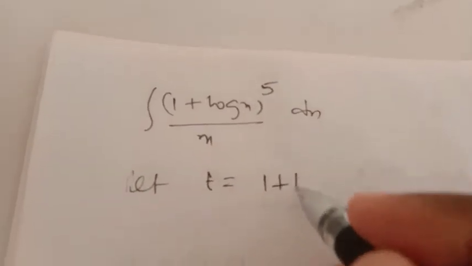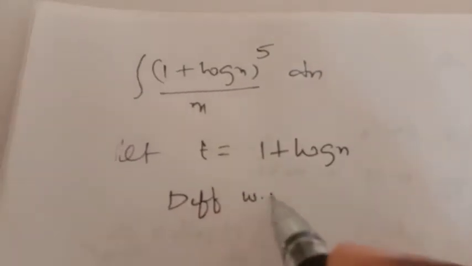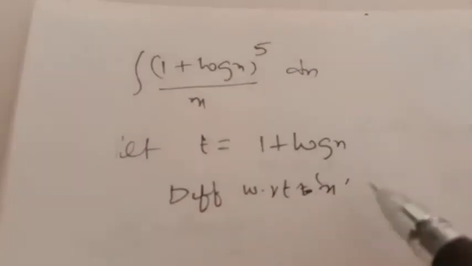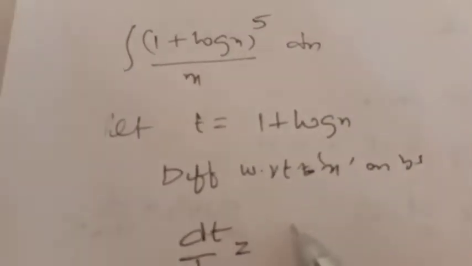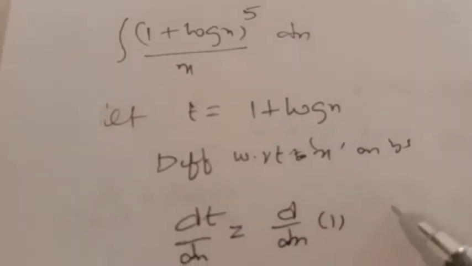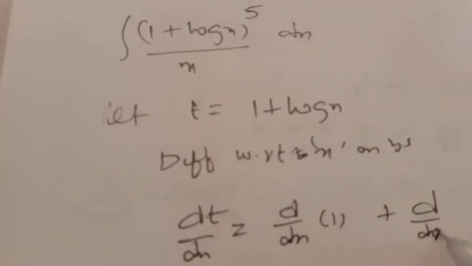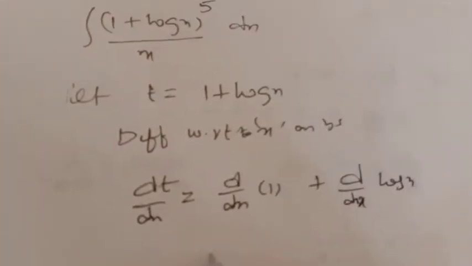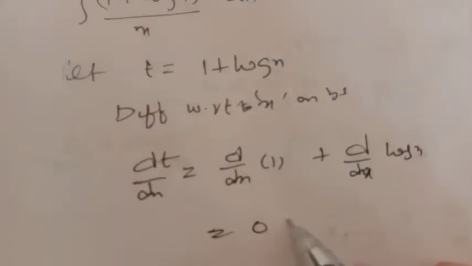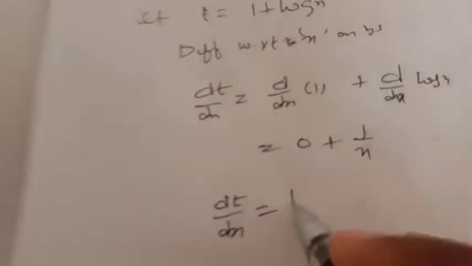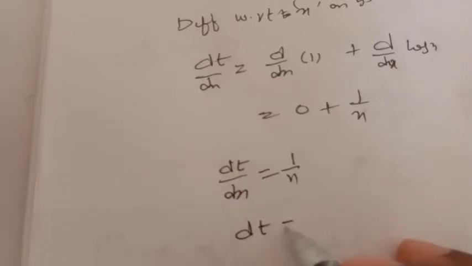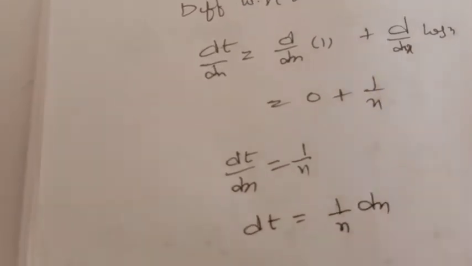Let t equal to 1 plus log x, then differentiating with respect to x on both sides, we get dt by dx equal to d by dx of 1 plus d by dx of log x, and d by dx of 1 equal to 0 plus d by dx of log x equal to 1 by x, and dt by dx equal to 1 by x. On cross multiplication we get 1 by x into dx.